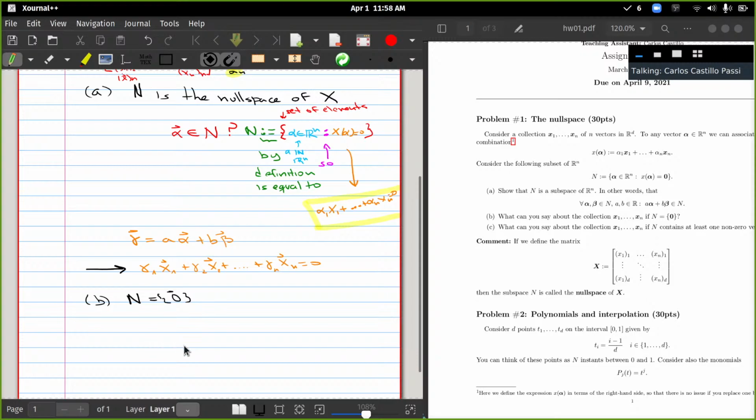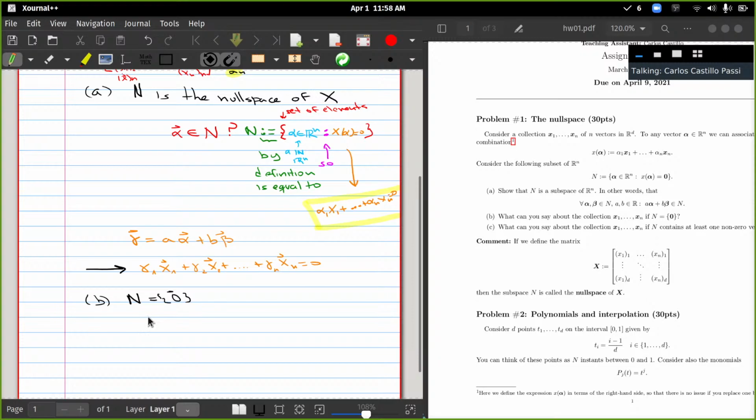Does anyone have ideas of what concept of the class can be applied in this question? The vectors x1 to xn are linearly independent. Let's see. I don't really remember, but I think it has to do something with a trivial solution.